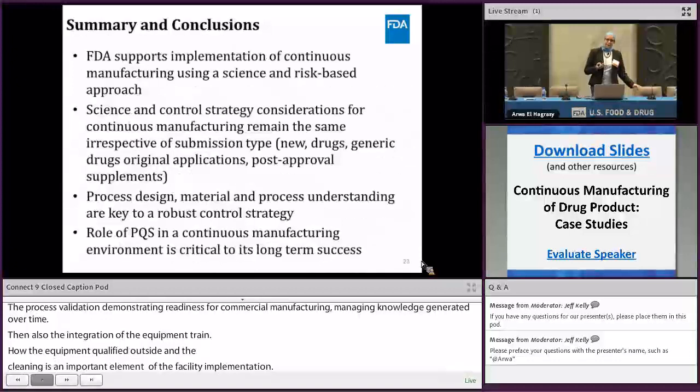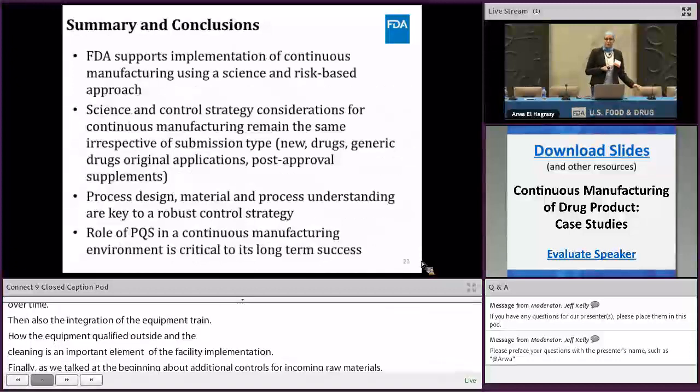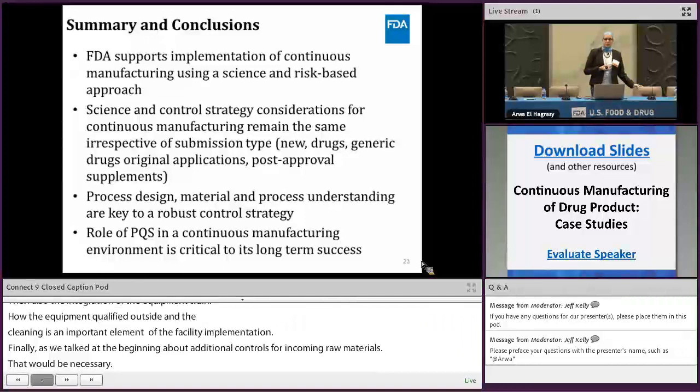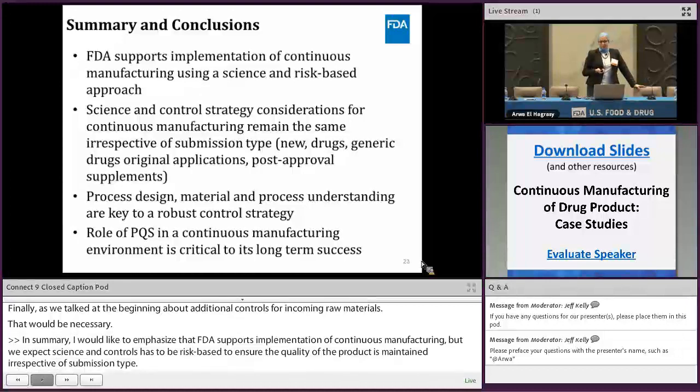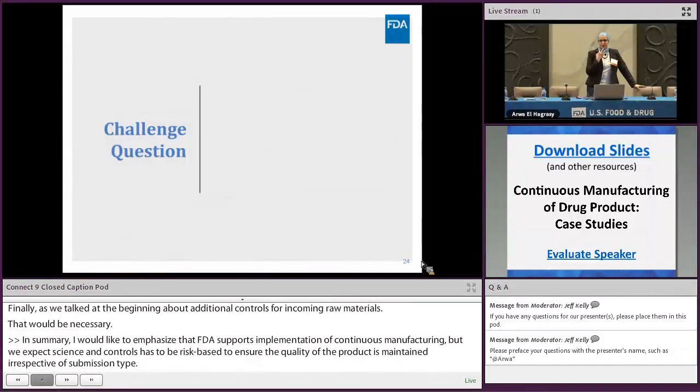So in summary, I just like to emphasize that FDA supports the implementation of continuous manufacturing, but we expect science and control strategy considerations. It has to be risk-based to ensure that the quality of the product is maintained irrespective of the submission type, whether it's new drugs or generics. Also, the importance of the role of the pharmaceutical quality system in continuous manufacturing.